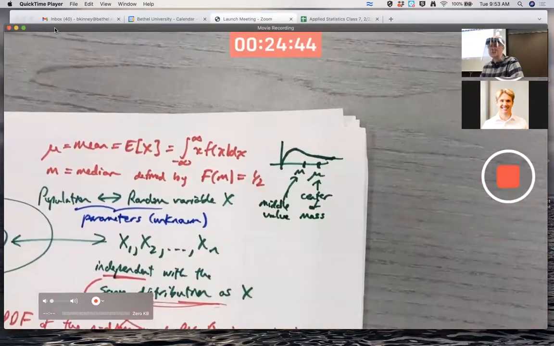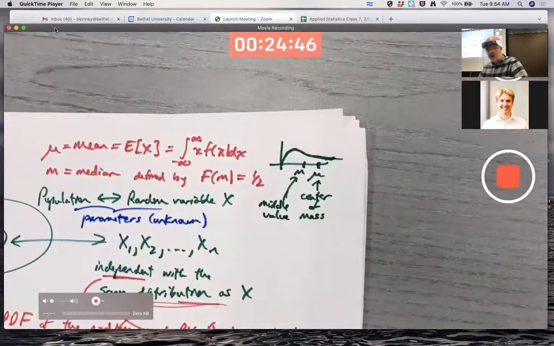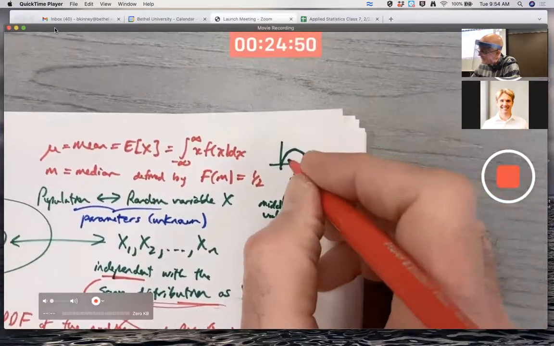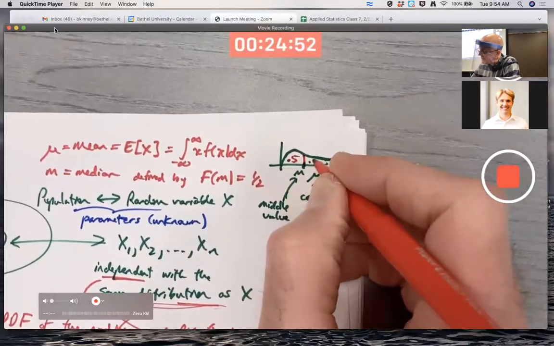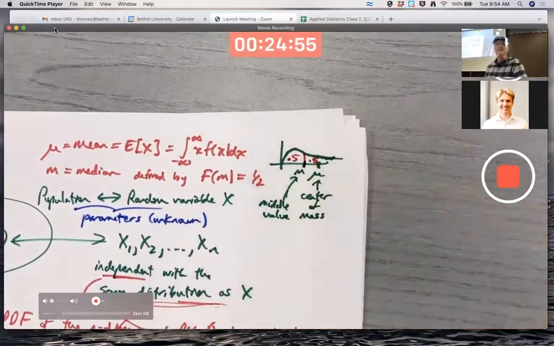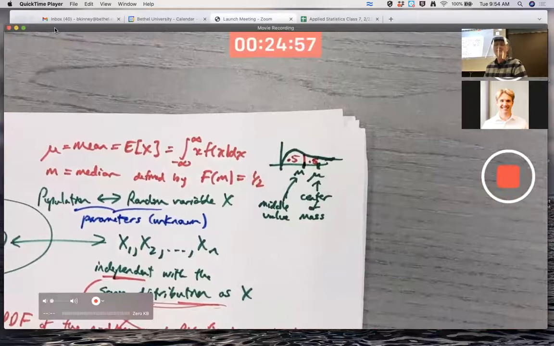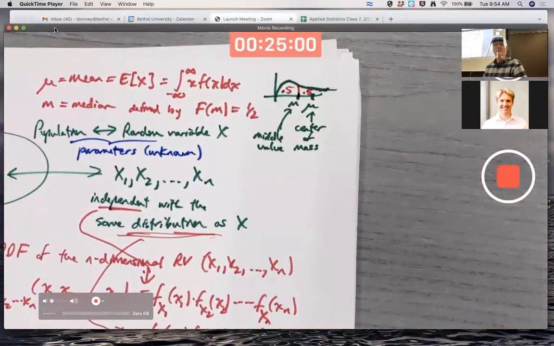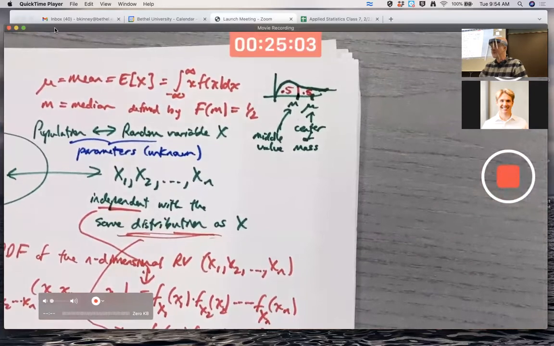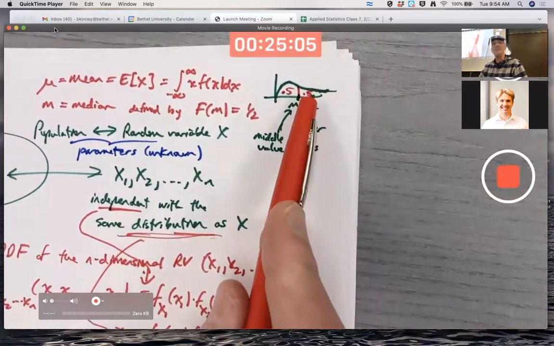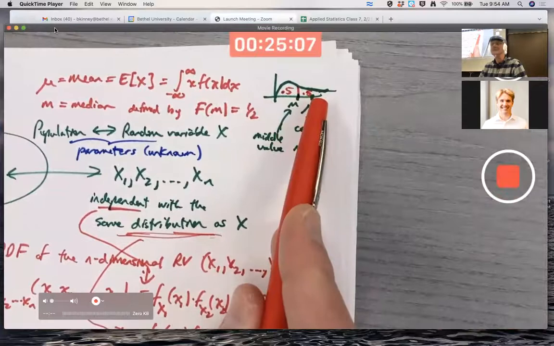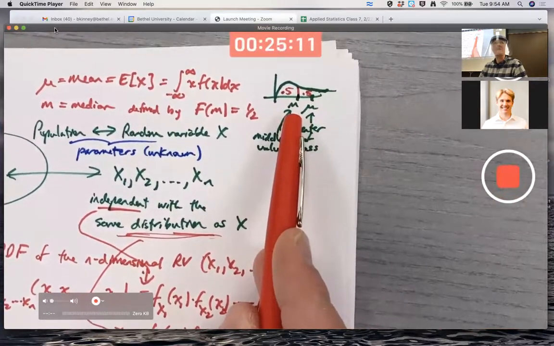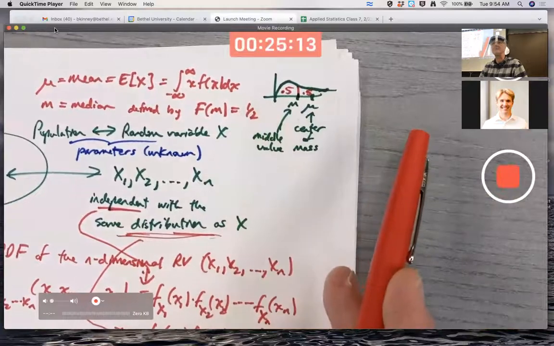It's constructed so that the area under the PDF to the left of the median is 0.5, and the area under the PDF to the right of the median is 0.5. The center of mass is where to put a little fulcrum to make it balance. The middle value is where half the area is to the left and half the area is to the right.